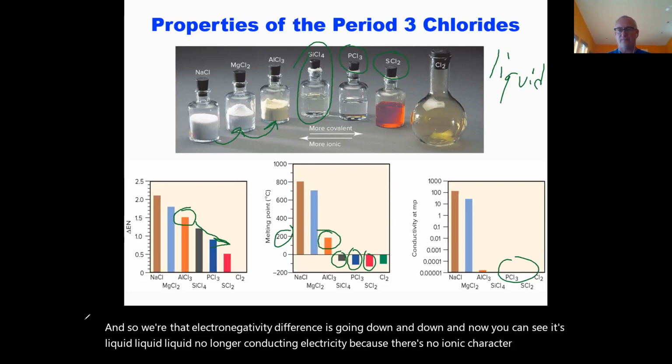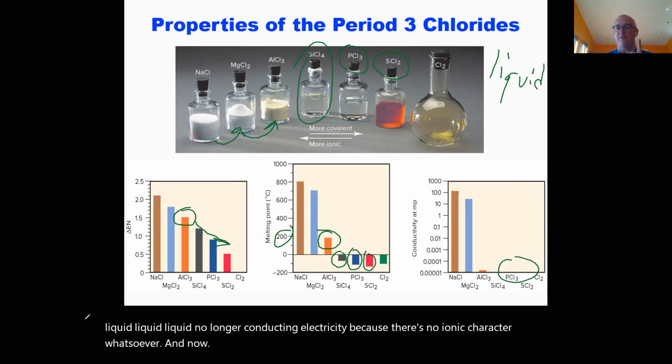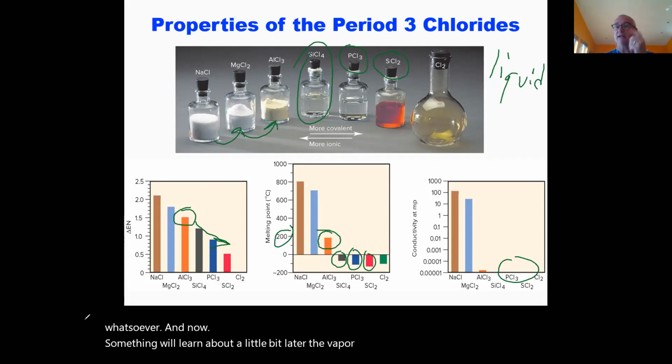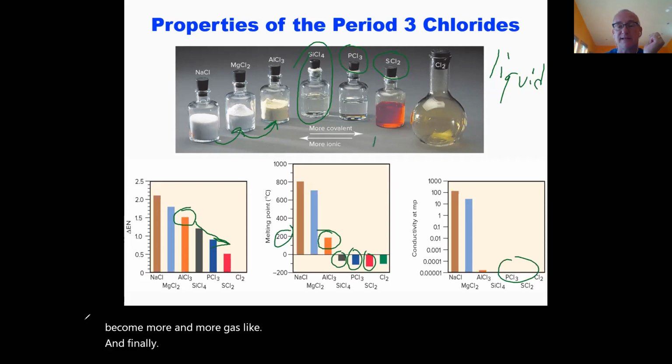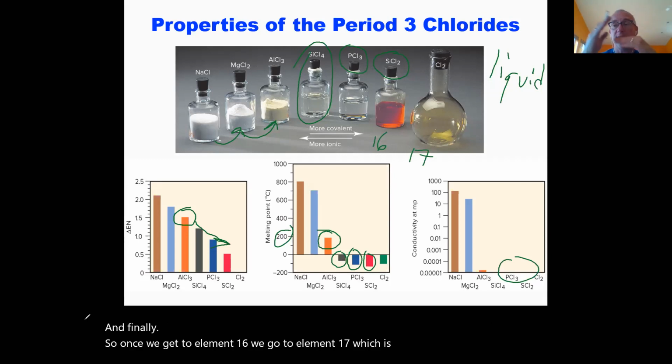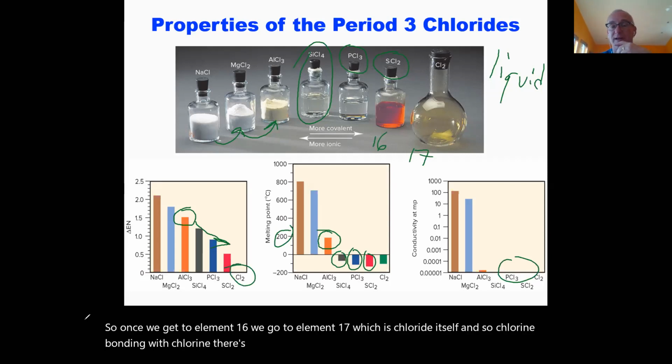And now, something we'll learn about a little bit later, the vapor pressure starts to increase. It starts to become more and more gas-like. And finally, once we get to element 17, which is chlorine itself, chlorine bonding with chlorine, there's now no difference in electronegativity.